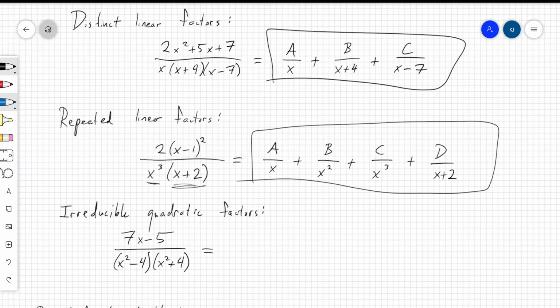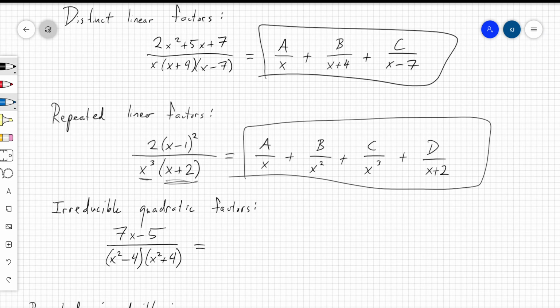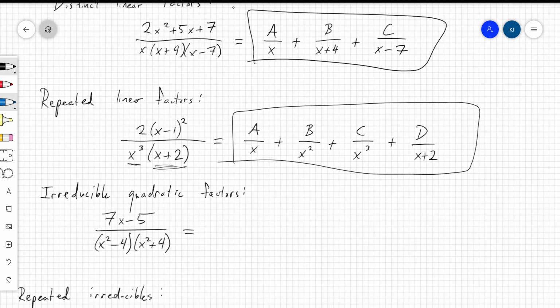Something sort of similar happens when you talk about irreducible quadratic factors. We did one example of this together, but let's look at this example. So here, the degree in the numerator is 1, the degree in the denominator is 4. So that means that we can use partial fractions here, but you should try factoring the denominator if it's not already factored for you.